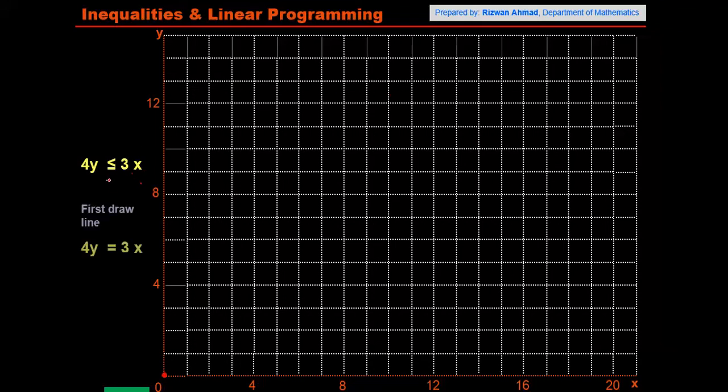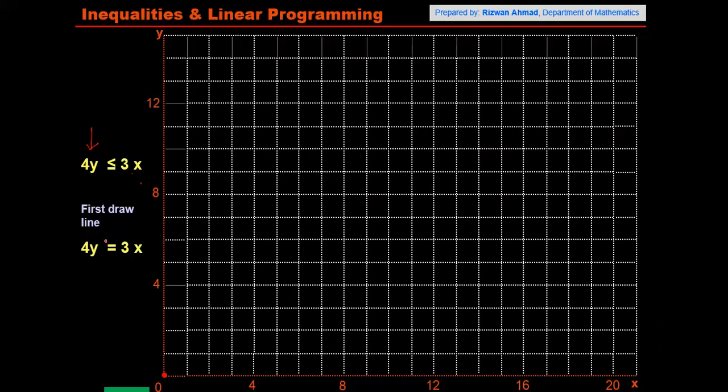So first of all we will draw the line 4y is equal to 3x. Remember, while shading the unwanted region, like showing the inequalities on the graph, y should always be on the left side of the inequality, like this y here, or it's already on the left side of the inequality.